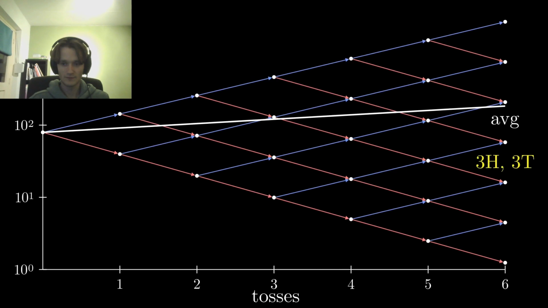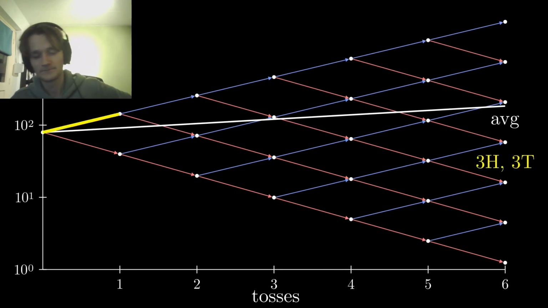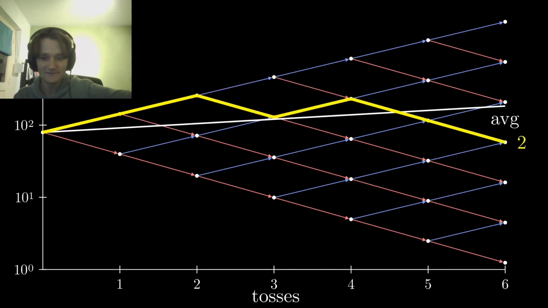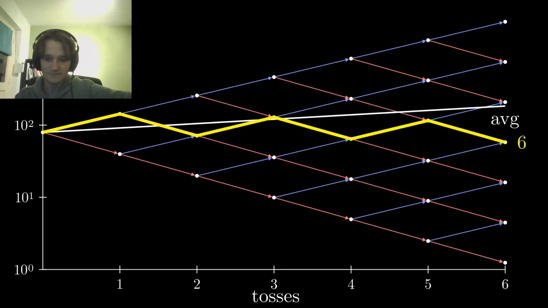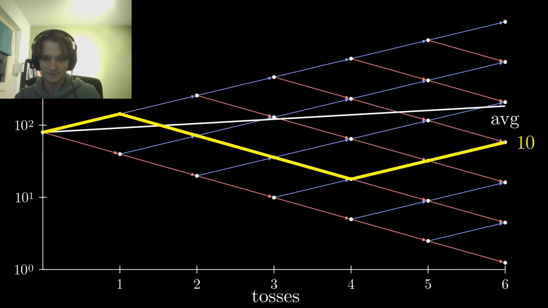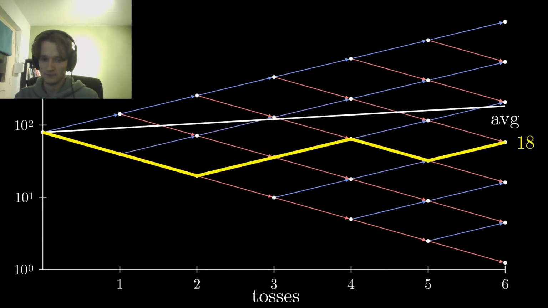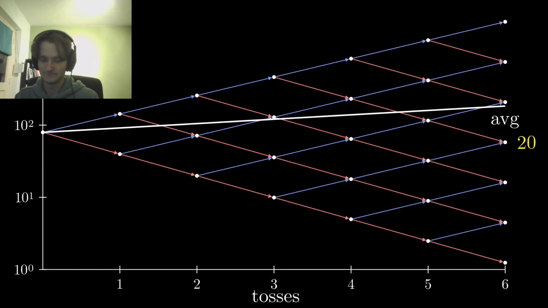Look at this point. It can be reached by any sequence of 3 heads, 3 tails. A total of 20 sequences. Now, how many sequences lead us to 4 heads and 2 tails?